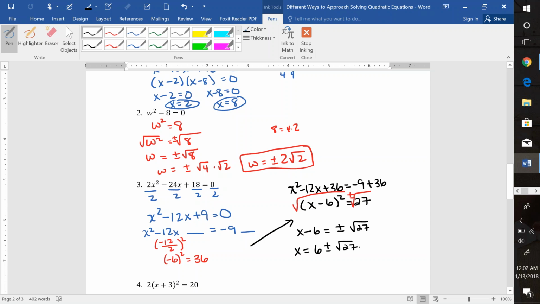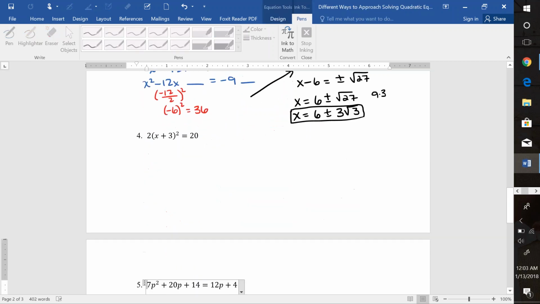And then we just have to ask ourselves if that radical is reduced. 27 is divisible by 9 times 3 to be specific, and 9 is a perfect square. So if we break that out, the square root of 9 would be 3, and then we still have the 3 that was the other factor inside. So 6 plus or minus 3 times the square root of 3. So that's what x equals, those two different solutions.